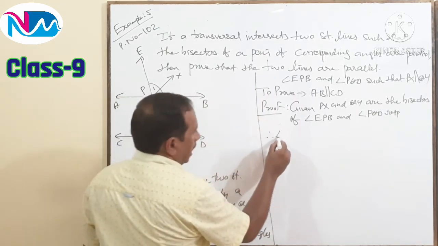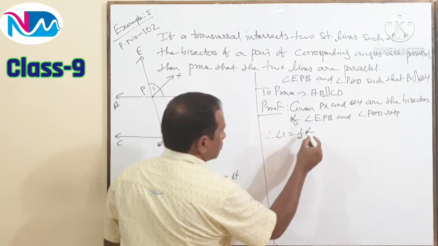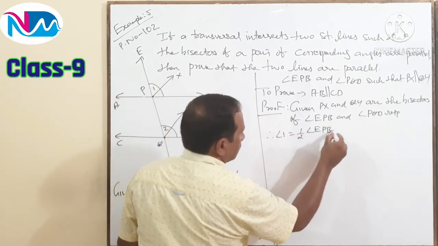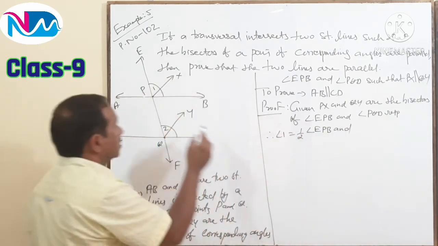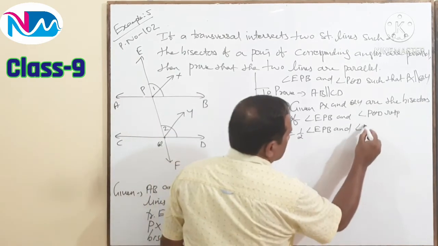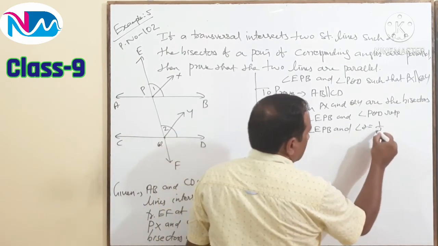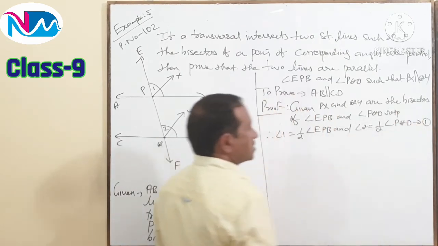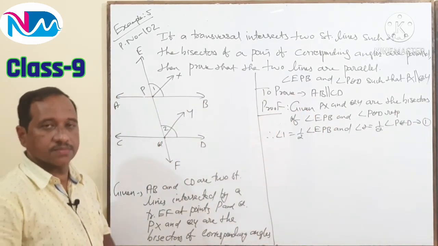Therefore, angle 1 is equal to half of angle EPB and angle 2 is equal to half of angle PQB. It is given, equation 1.